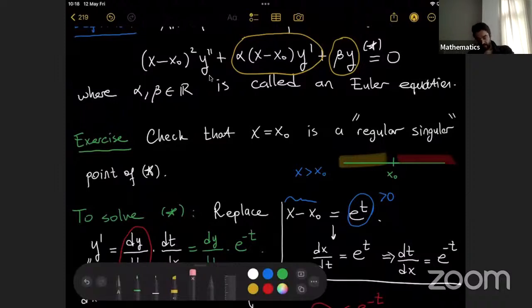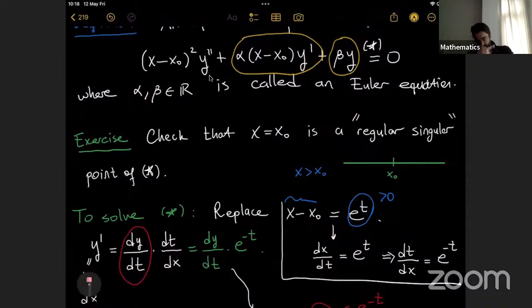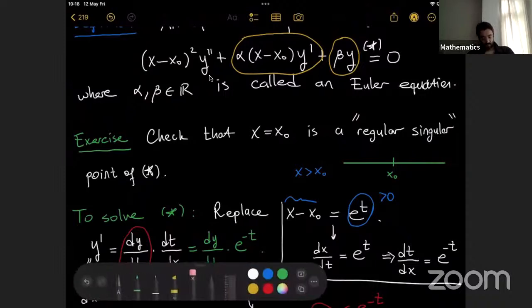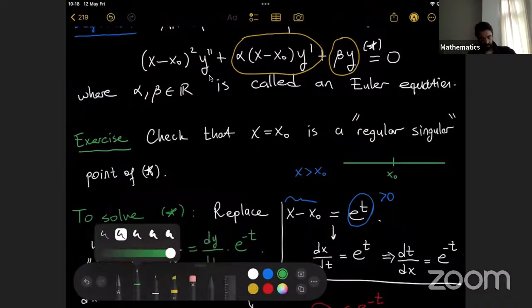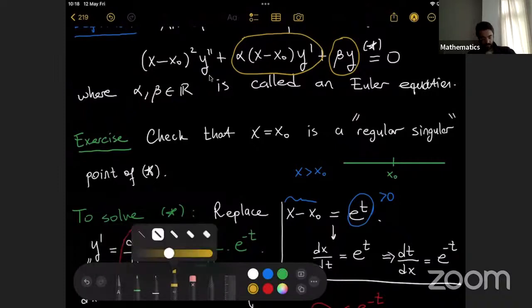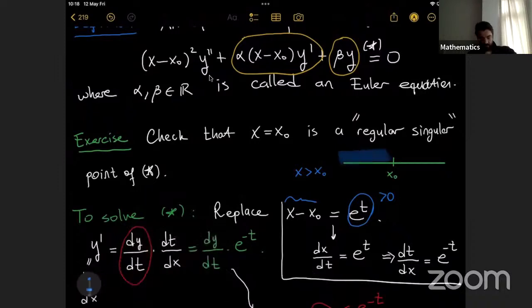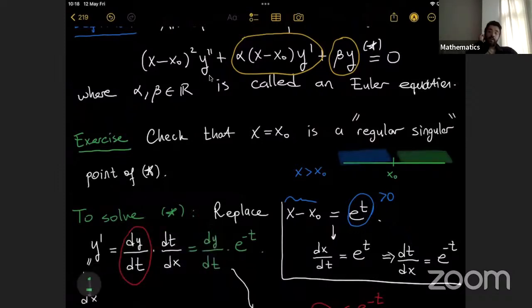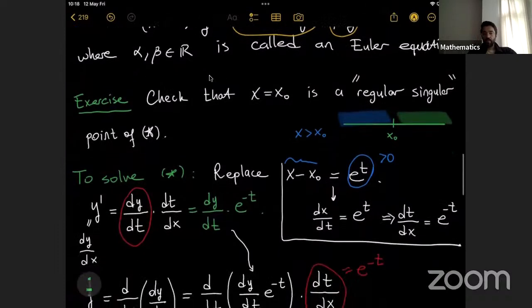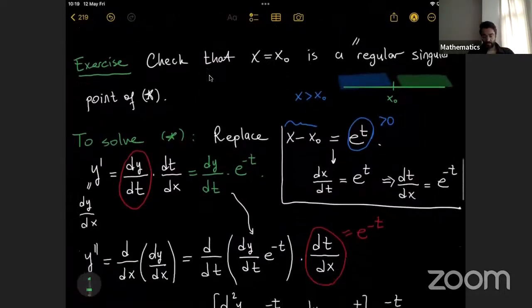Well, I don't really like these colors, yellow and red. Let's change them. So we also consider the left-hand side of x naught, okay? The other side of this point.